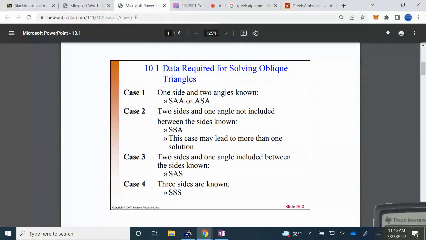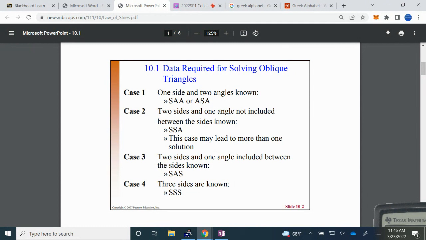We have case number 2, which is called the ambiguous case. We have a side angle. Notice that side angle is the dirty word spelled backwards. Whenever you are given those dimensions, it can lead to more than one solution.